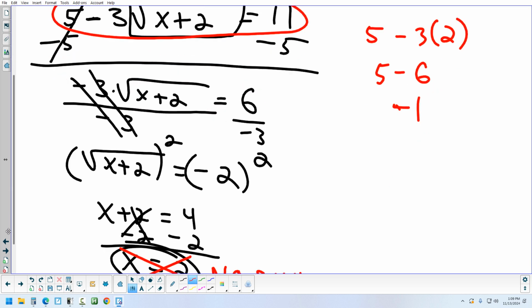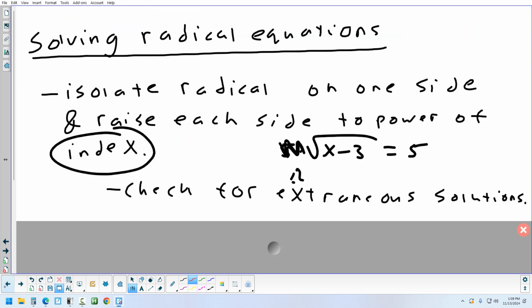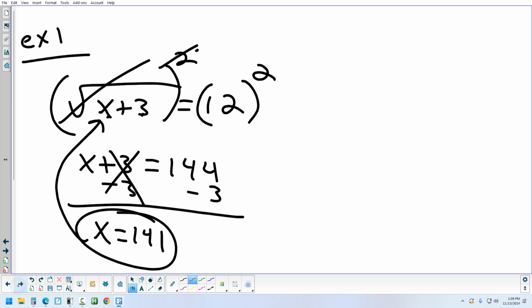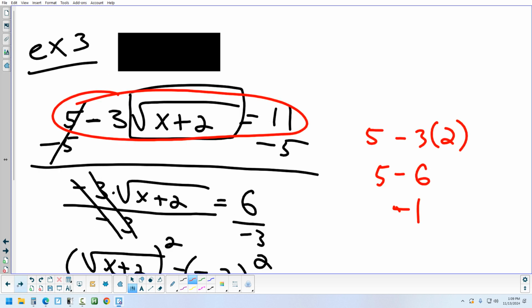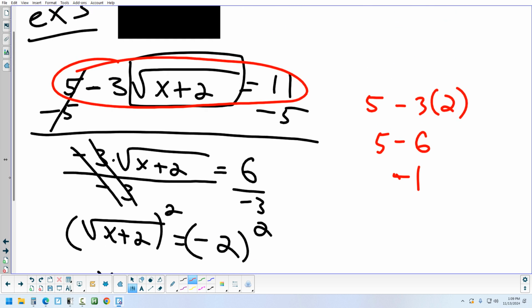I think I know what you mean. We're not going to have one with two roots. That's a little bit harder than the ones that I showed. The kind you're going to see on the test are going to be more like these. Any other questions on that?